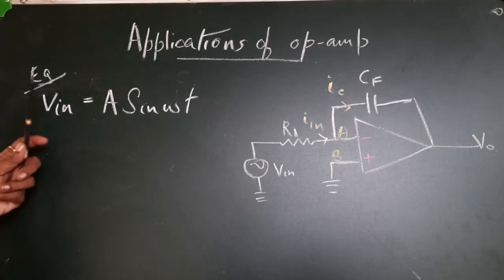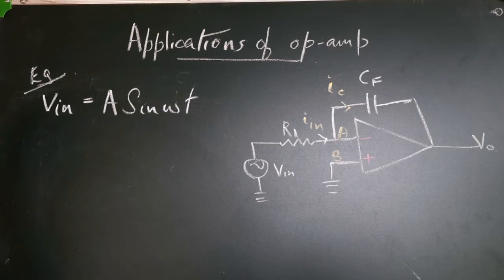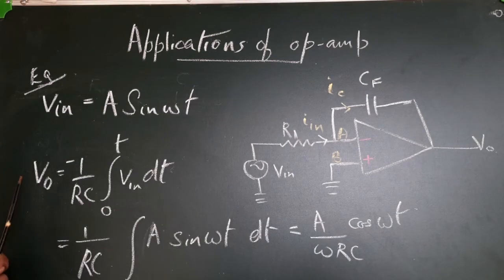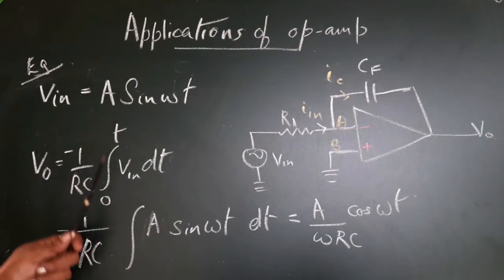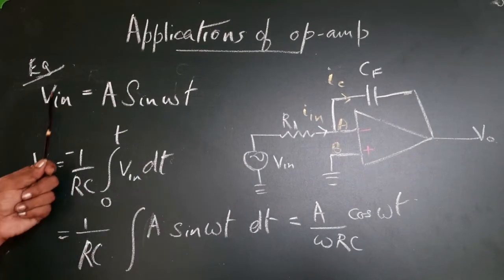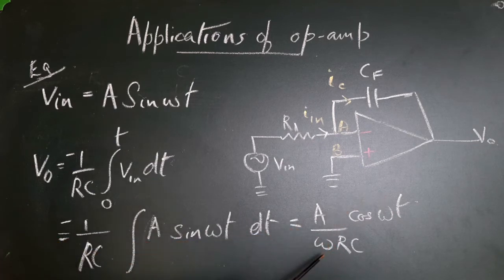Now let us take another example. What if our input voltage is A sin omega t? We know V out is equal to minus 1 by RC integral 0 to t V in dt. So this is our V in. Substitute it over here. There is a minus sign. Now the integral of A is a constant, you can take it out. The integral of sin omega t is cos omega t by omega.